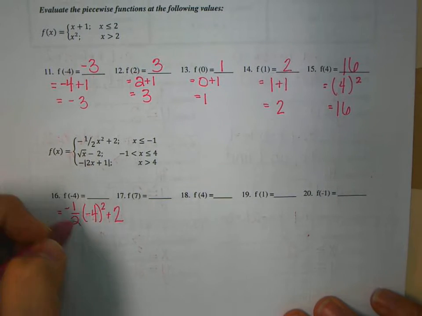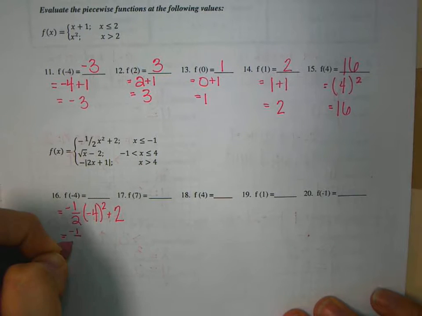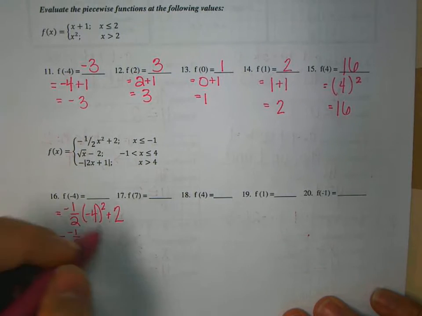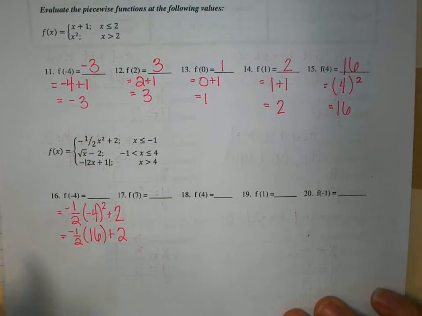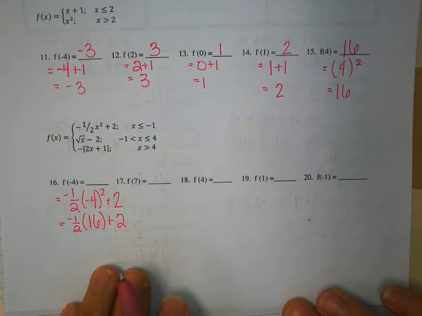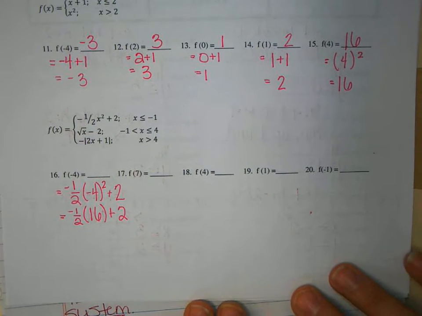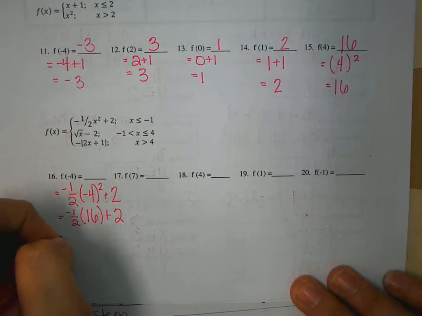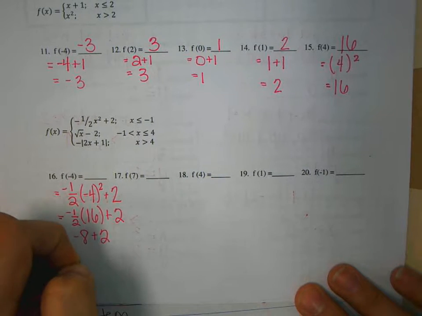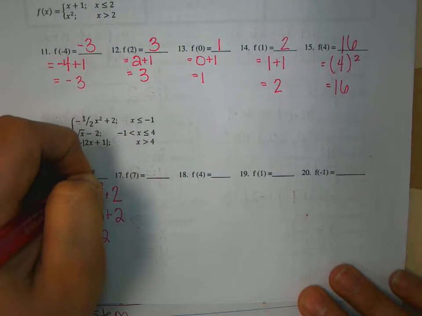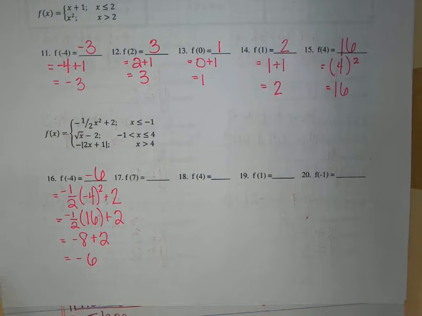So we're going to go through and we're going to simplify this. Negative 4 squared is going to give me a positive 16. Now I need to multiply, so negative 1/2 times 16 is going to give me a negative 8. And negative 8 plus 2 gives me a negative 6. So for number 16, I should have gotten negative 6.